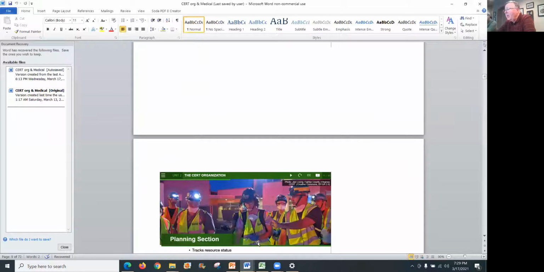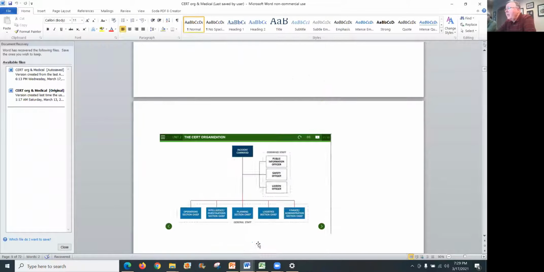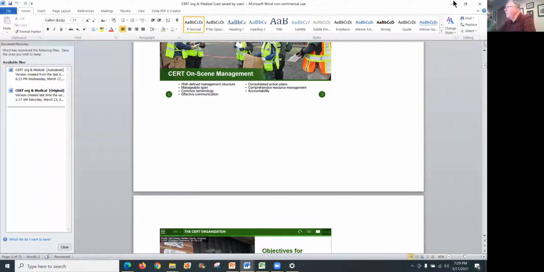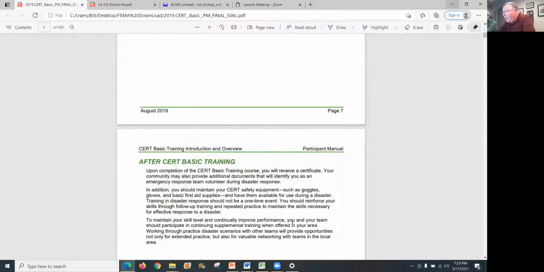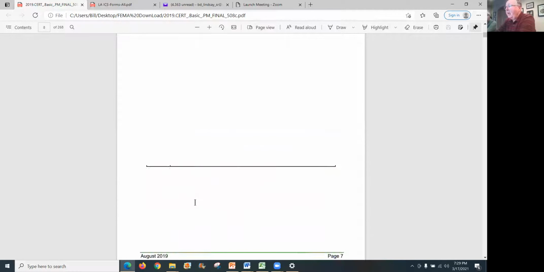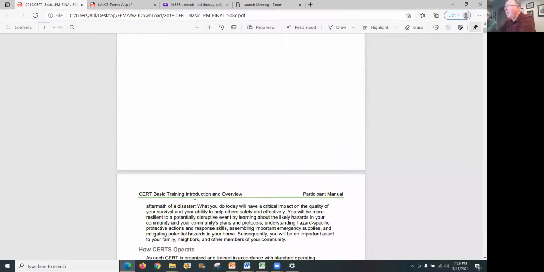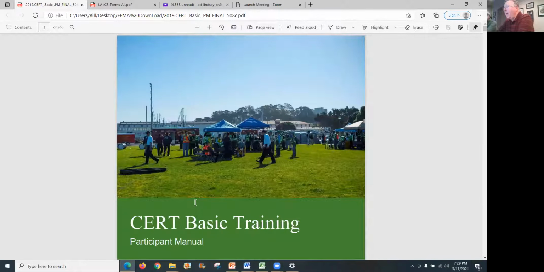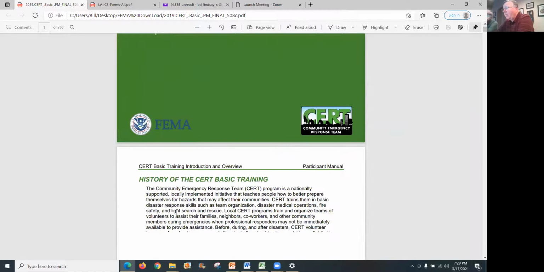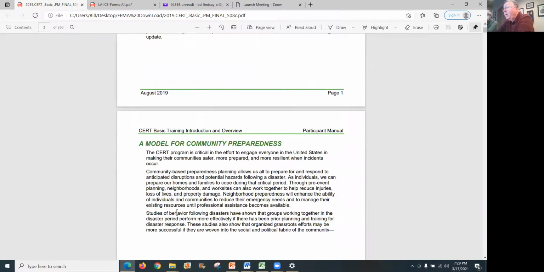Look in your manual, you will see a lot of things you need to get together. And that you need to read and look at your pocketbook and do one item at a time. Basically, it's for you and your family. And then your kit will be supplied by the city when we do a hands-on.